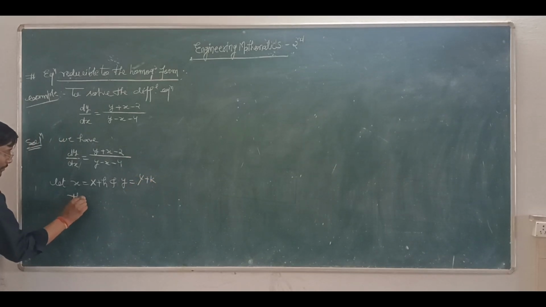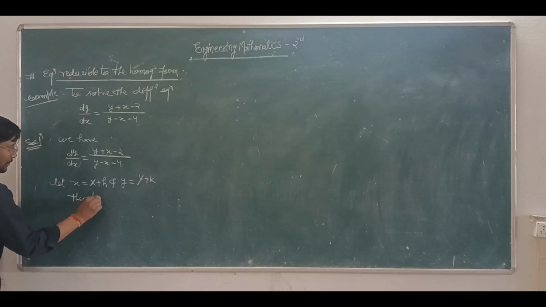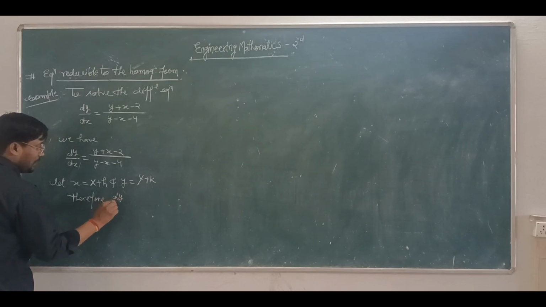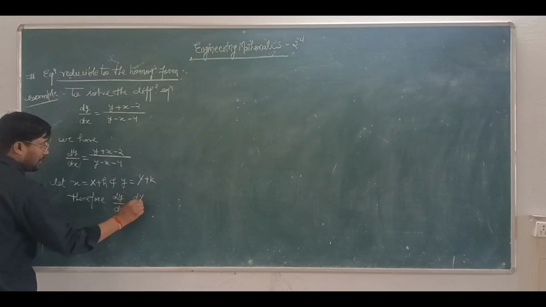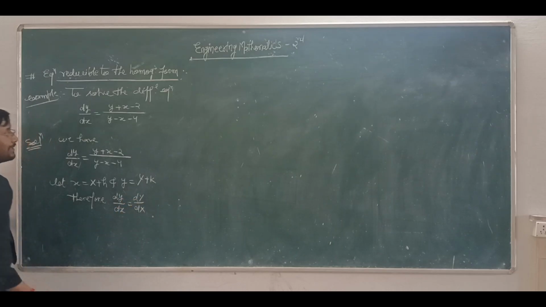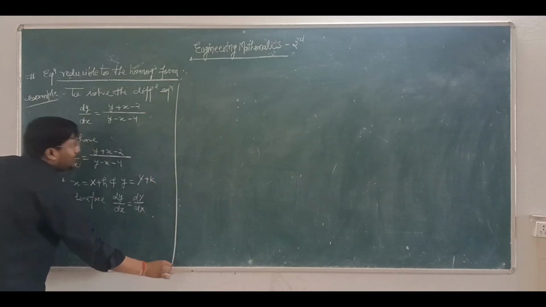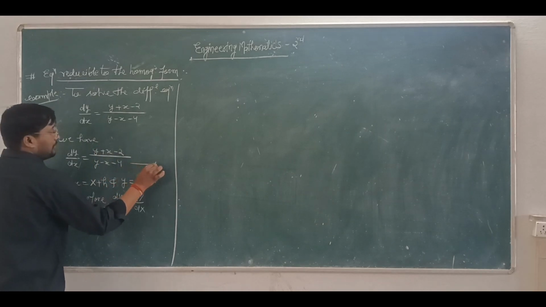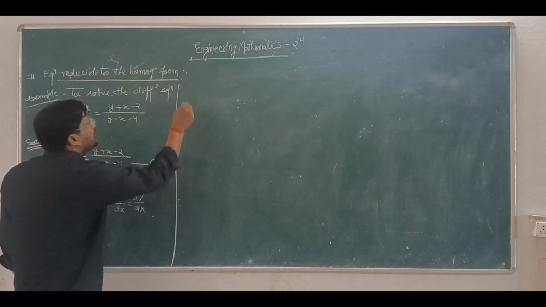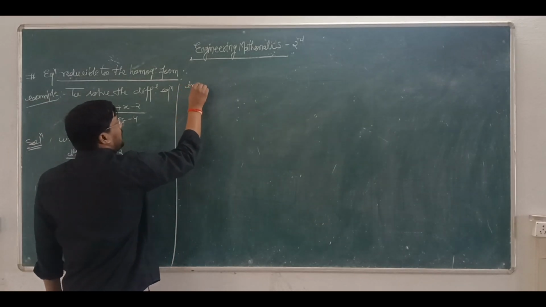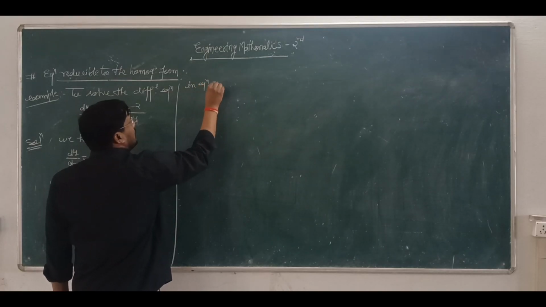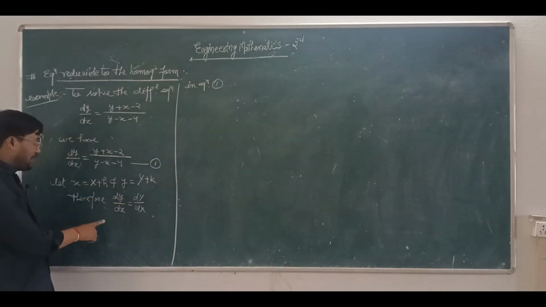Therefore dy upon dx is equal to d capital Y upon d capital X. Now you can put this value in equation first.